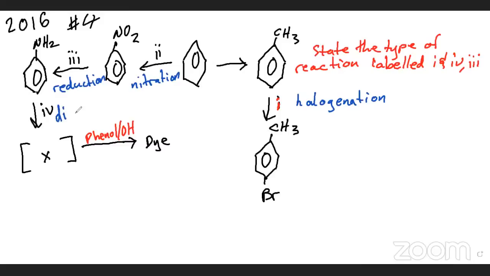Diazotization. Right. So those are the reactions taking place. The next part of the question now: list the reagents and conditions for reactions 2 and 4. I can put that here.